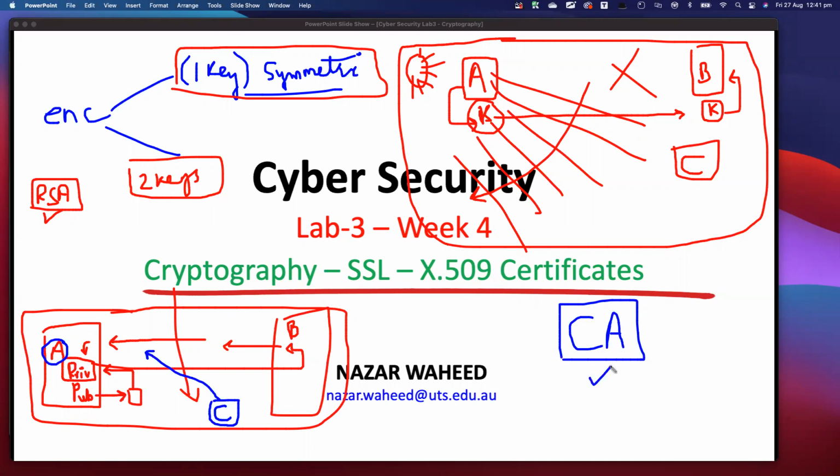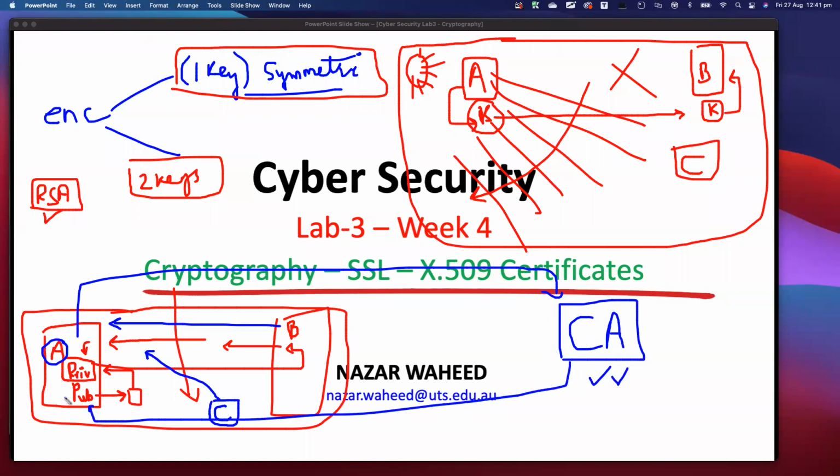A trusts the certificate authority, and B also trusts it. So if anything is sent by B to A and it says, hey, I am B, A will check it with the certificate authority, verify, and say, yes, that is B. From then onwards, you can trust that the message is coming from B. So the certificate authority is one major portion of today's labs, and you have to understand that portion as well.